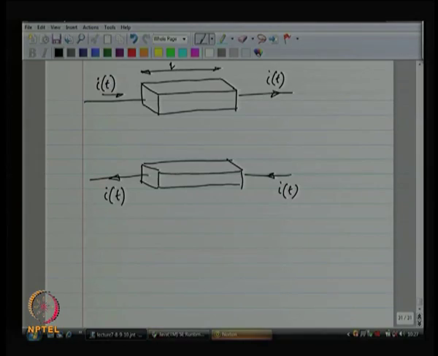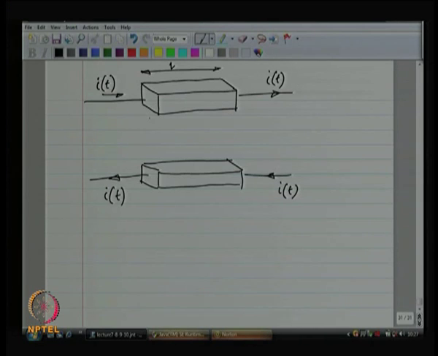And if you just think about a parallel plate capacitor, the capacitance between the two plates is going to be equal to the area of the plate times the epsilon of the dielectric material divided by the gap between the two. We said the gap, let us say, is h, right. This is what it is. What is the area of the plate? Area of the plate is the length times the width.